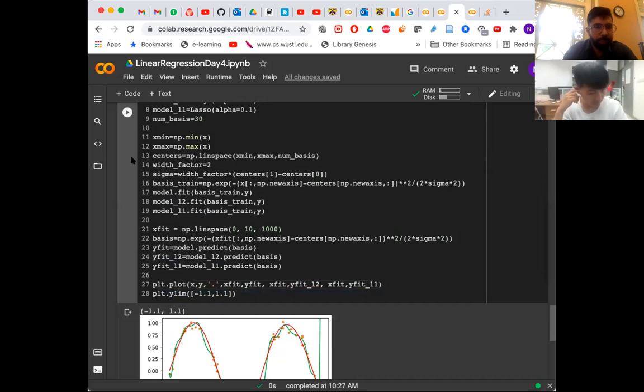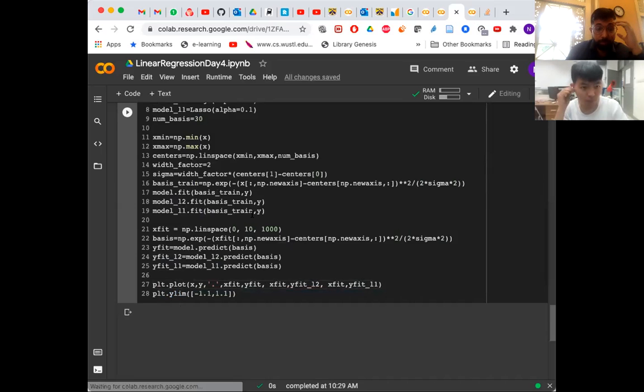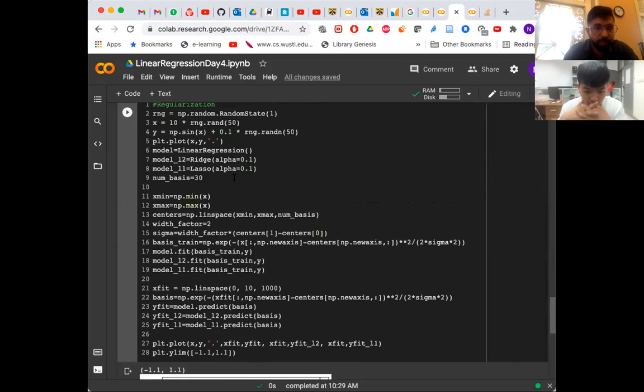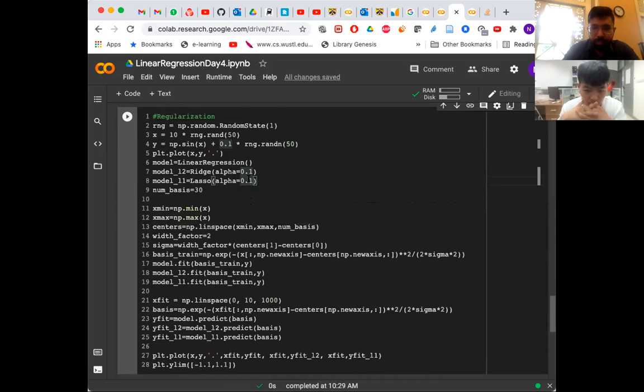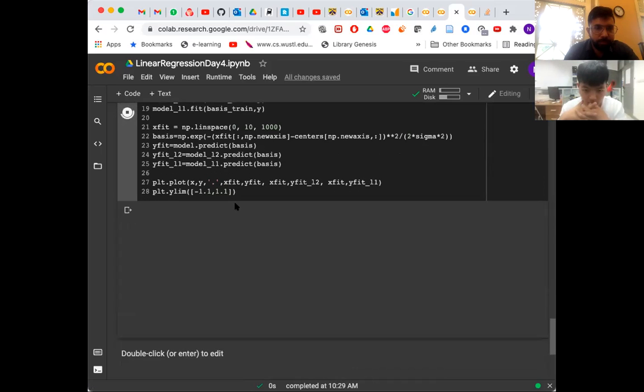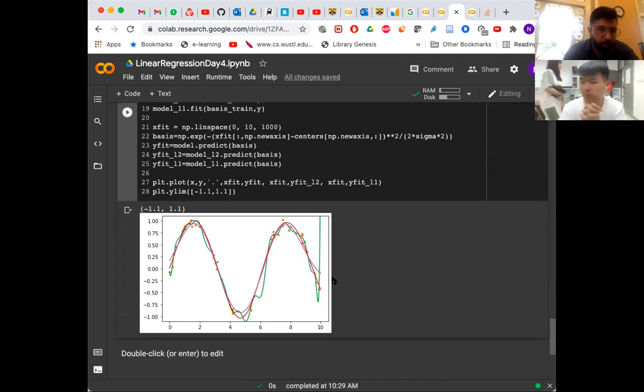Okay, let's run it. Okay, so probably alpha for L1 is high. Let's make it small. Okay, so pretty much the same thing.